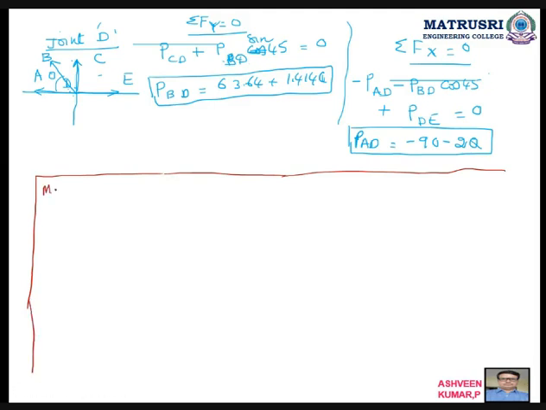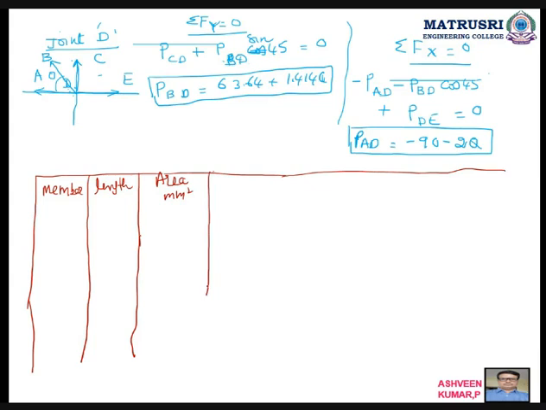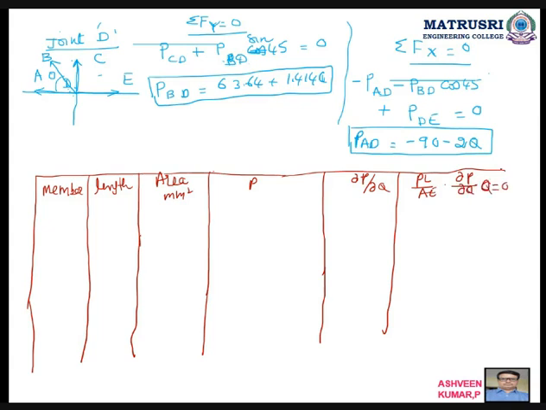So the columns are member, length, area, square, then P, then dou P by dou Q, then PL by AE, dou P by dou Q, where Q tends to 0.